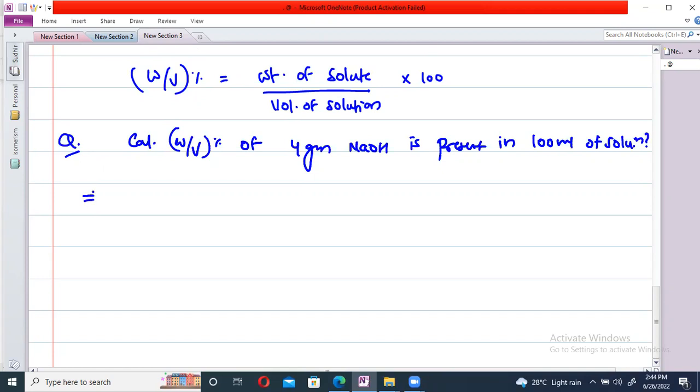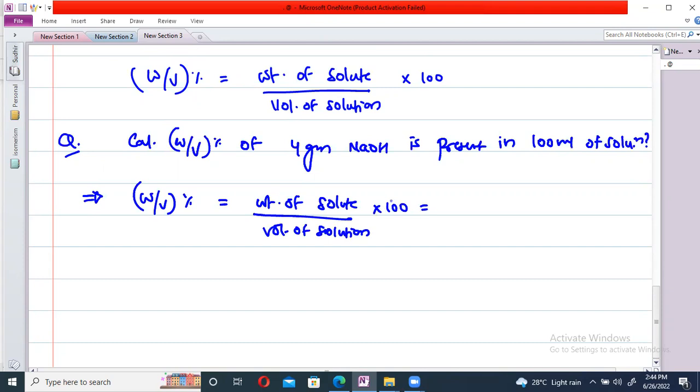As they are asking W by V percentage, we can write directly: W by V percentage is equal to weight of solute by volume of solution into 100. What is the weight of the solute we have? 4 gram. What is the volume of solution? This is a solution, right? It is 100 ml, into 100. Answer is 4%.